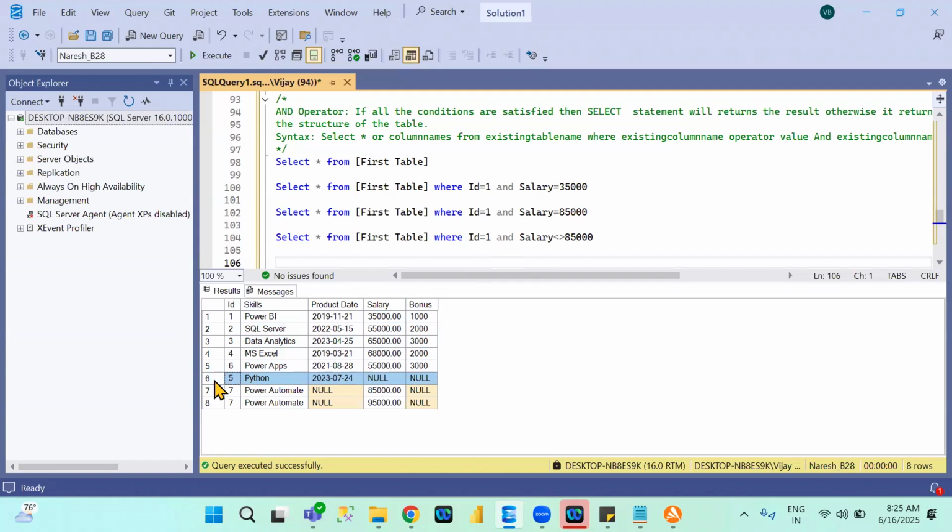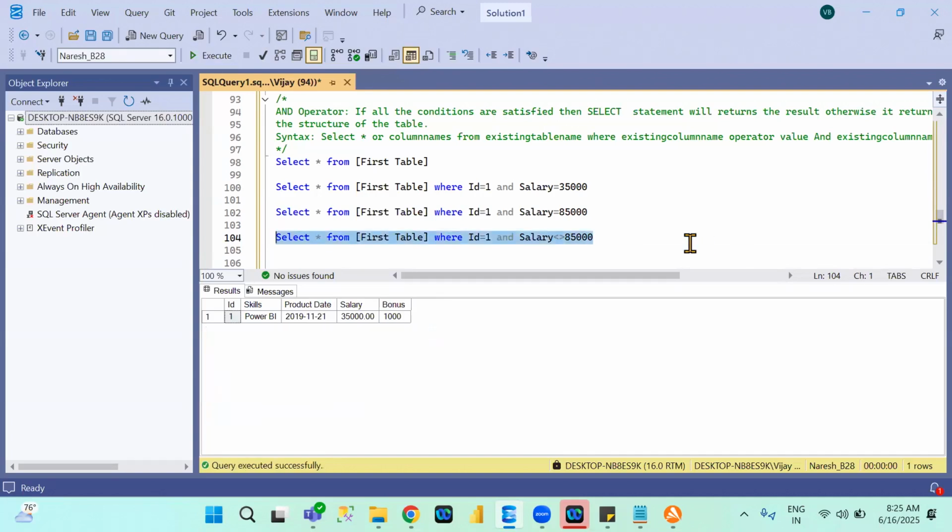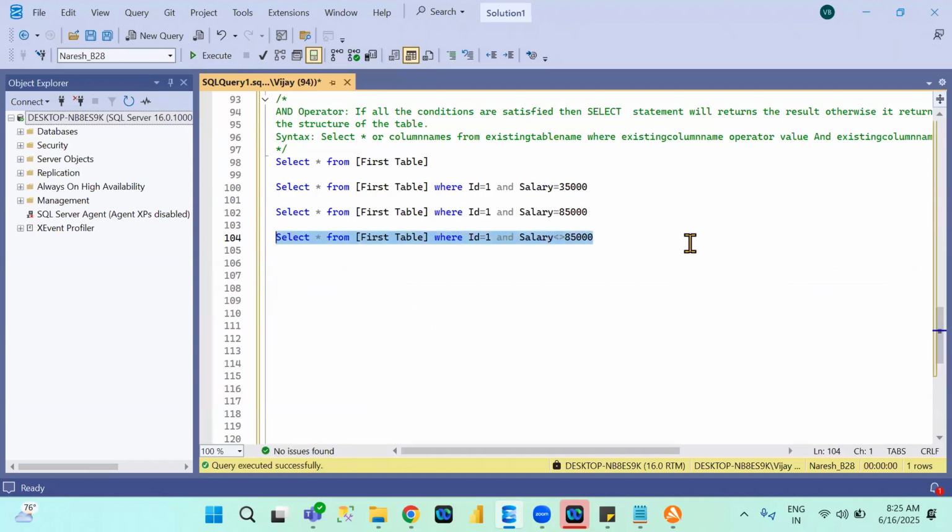In the AND operator, all the conditions must and should be satisfied in the same row, then only we need to consider it, otherwise we don't want it. That means here, which records are displayed? Only the first record. Understand?